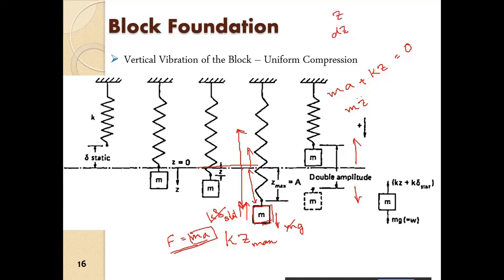So dz by dt is the velocity, written as z dot, and d square z by dt square is the acceleration. So we have m z double dot plus kz is equal to 0. So these are the forces on the body: the inertial force and the force applied by the spring.